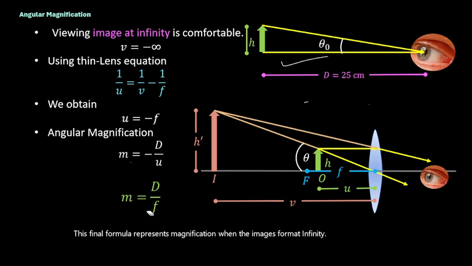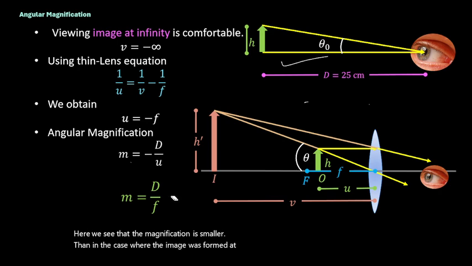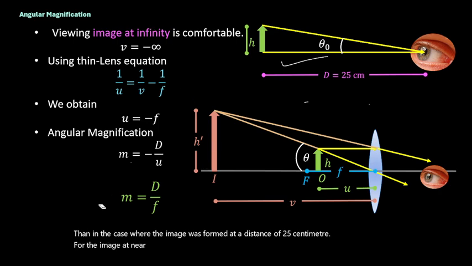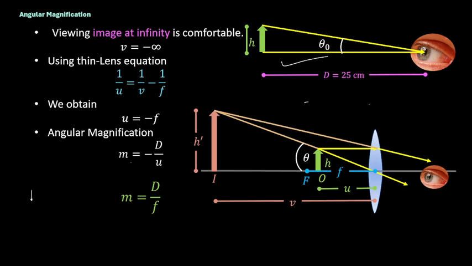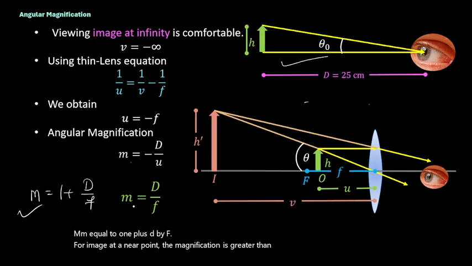Here we see that the magnification is smaller than in the case where the image was formed at a distance of 25 centimeter. For the image at near point, we had a magnification given by m equal to 1 plus D by f. For image at a near point, the magnification is greater than the magnification for image at infinity.